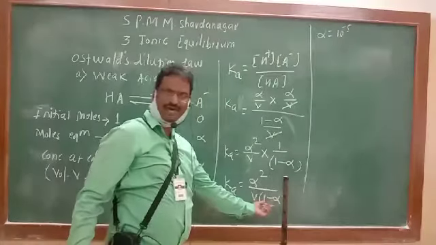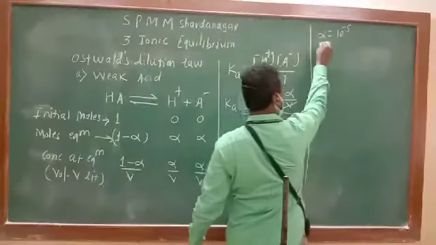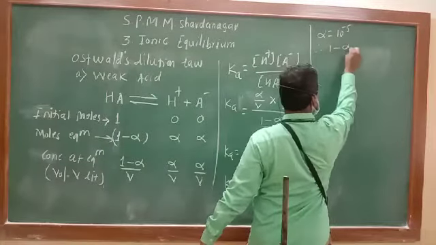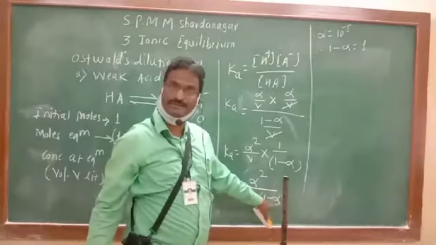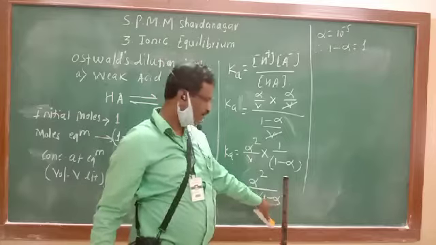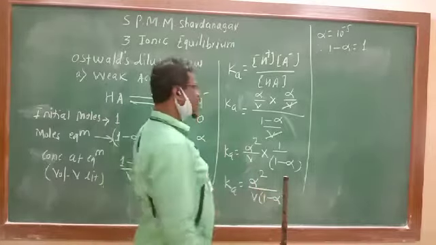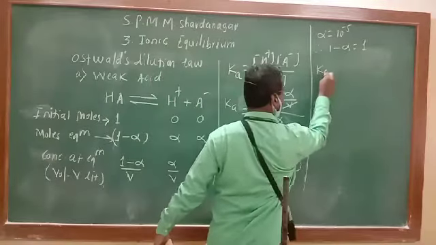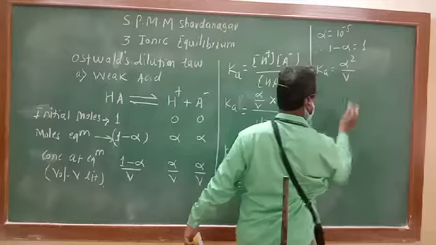So 1 minus alpha will be equal to 1, because alpha is very small and the acid is very weak. Therefore 1 minus alpha will be equal to 1, and this equation becomes Ka will be equal to alpha square divided by V.